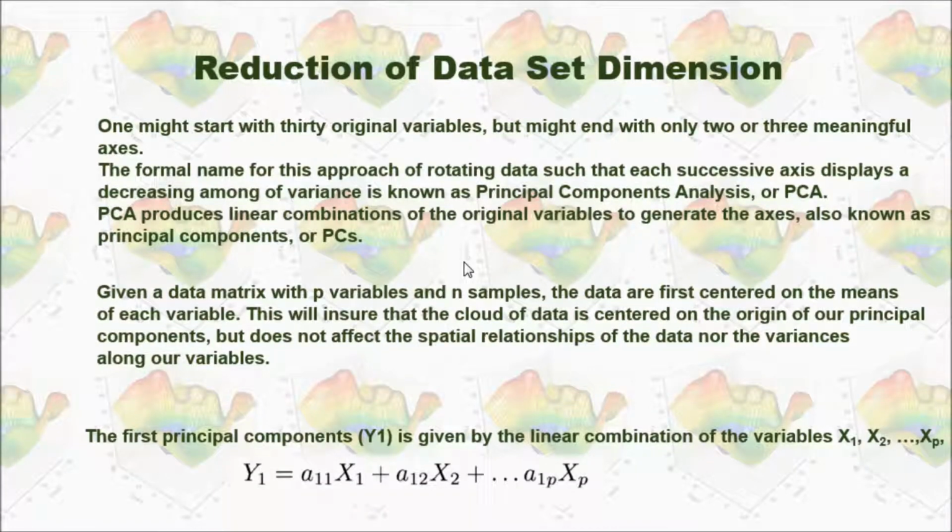When we calculate our principal components, for example, the first principal component is given by the linear combination of the variables x1 to xp. That is, we keep all our original variables, but we transform them into this new principal component.